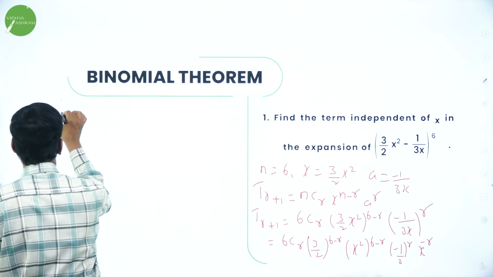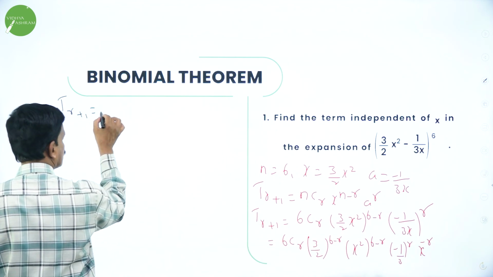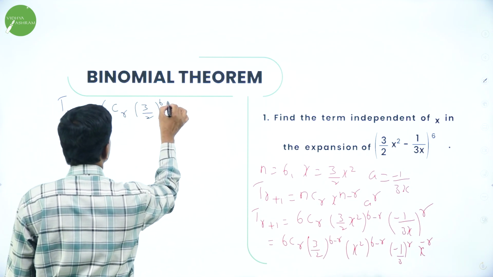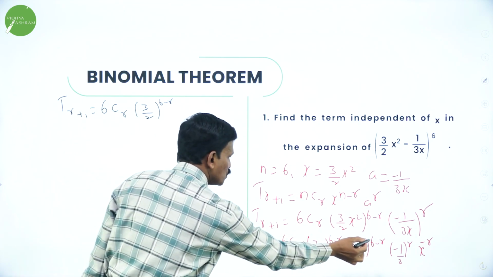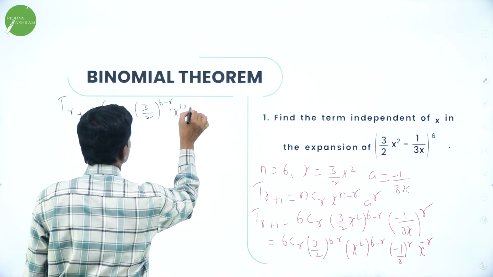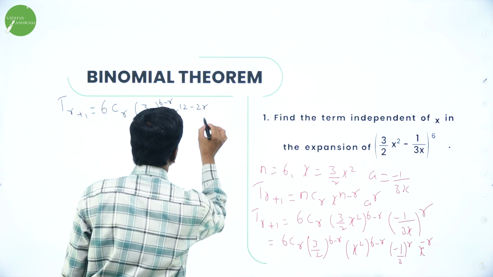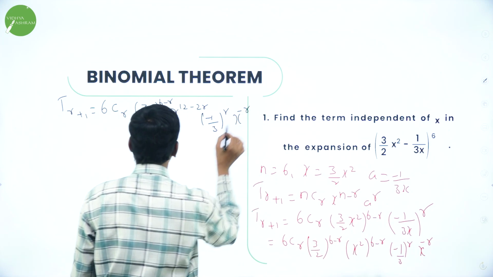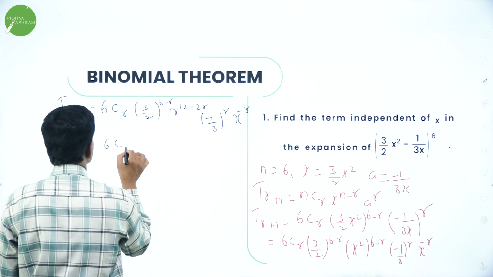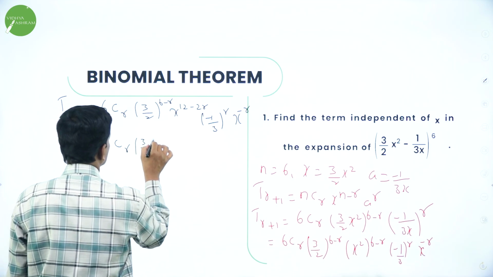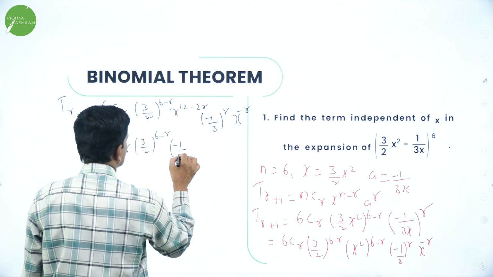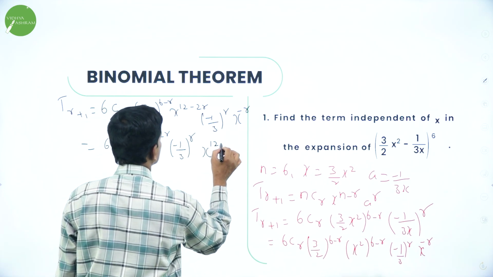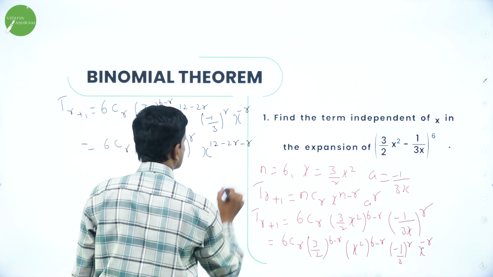Now therefore T(r+1) is equal to 6Cr (3/2) to the power of 6 minus r multiplied by, 2 into 6 is 12, x to the power of 12 minus 2r, and this is (minus 1/3) to the power of r as it is, and x to the power of minus r. So this is 6Cr (3/2) to the power of 6 minus r (minus 1/3) to the power of r into, add this, x to the power of 12 minus 2r minus r.